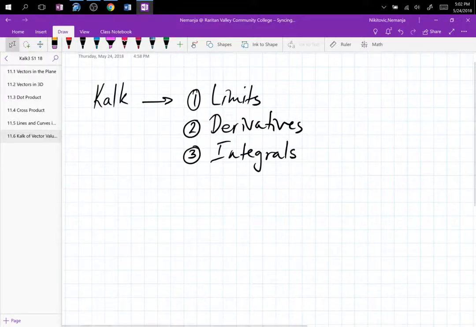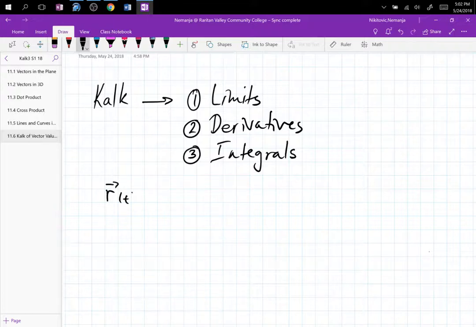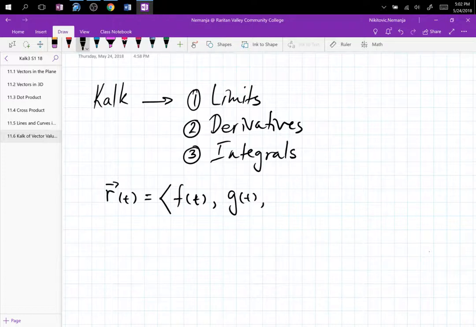Now, we define the vector valued function in terms of parameter t as a vector of functions. f of t, g of t, if we are in 3D, h of t, and then we can add more if we need more dimensions. It is not limited on how many dimensions we have to use.